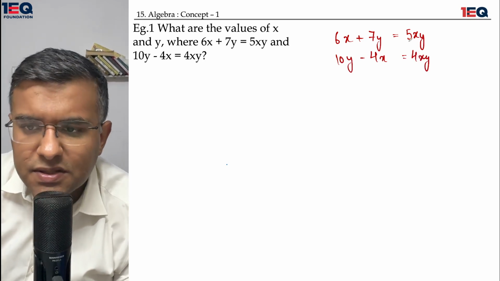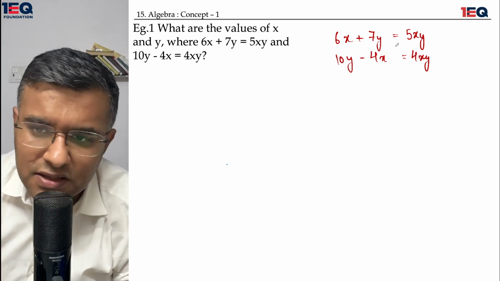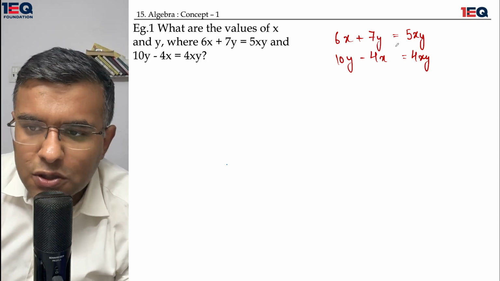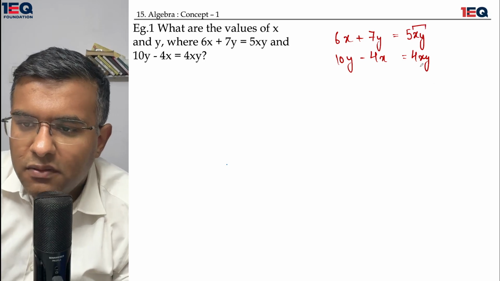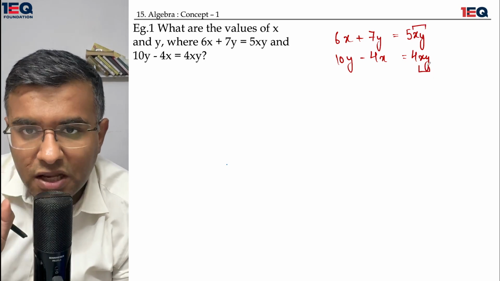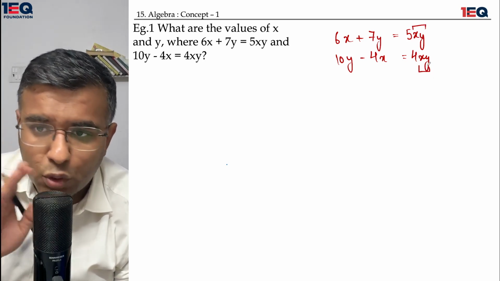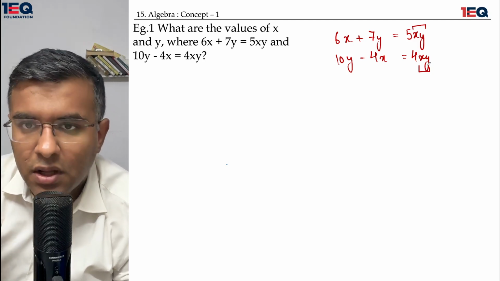In multiple equations, you will find out that the number of variables, these are two variables and these are two equations. This is definitely solvable, but there is a very small problem. The very small problem is the variables x and y. Both the variables are multiplied with each other and they become a third kind of a variable.